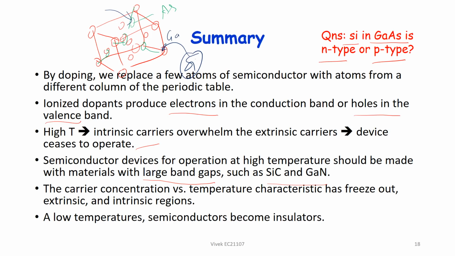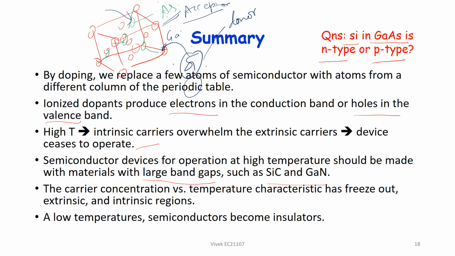Now if it occupies gallium site, so gallium has 3 electrons, silicon has 4 electrons, so there is 1 electron extra, right? So it will behave as donor. Arsenic has 5 electrons, silicon has 4, so if it occupies arsenic site, it will act as acceptor, right?